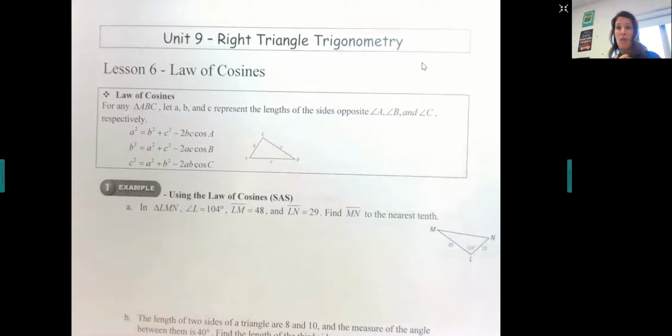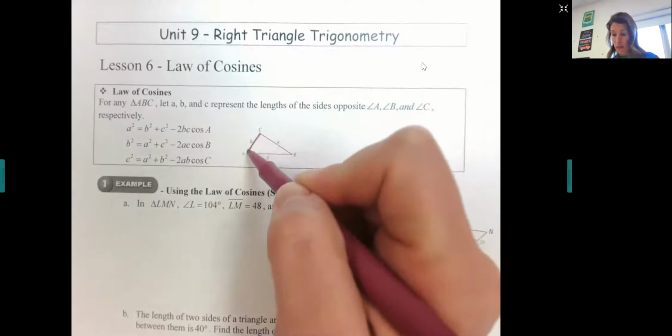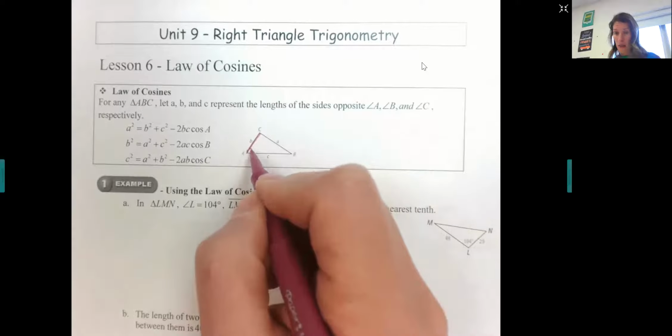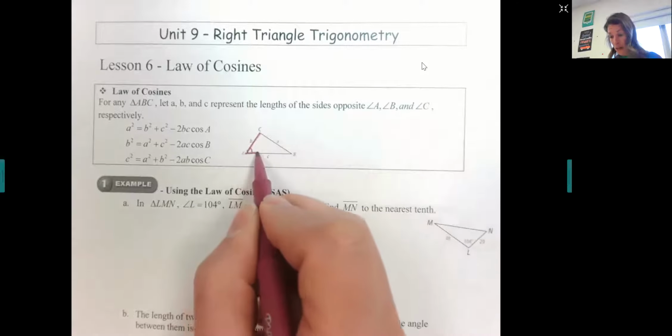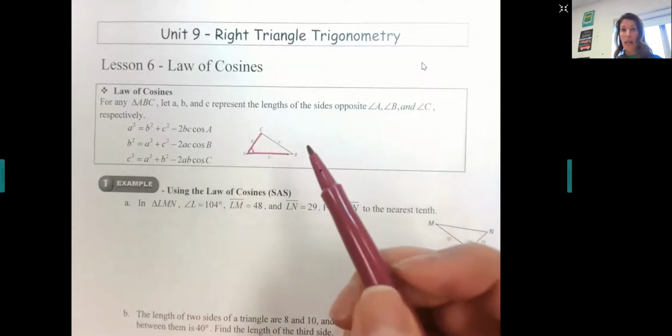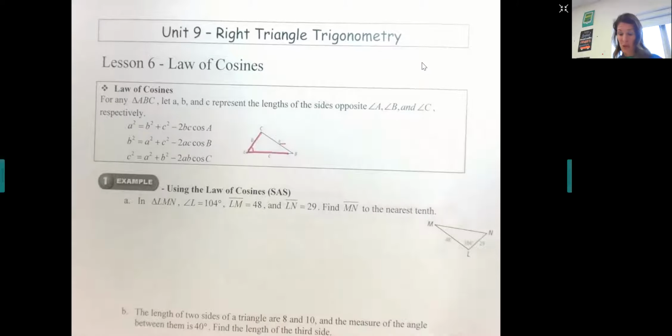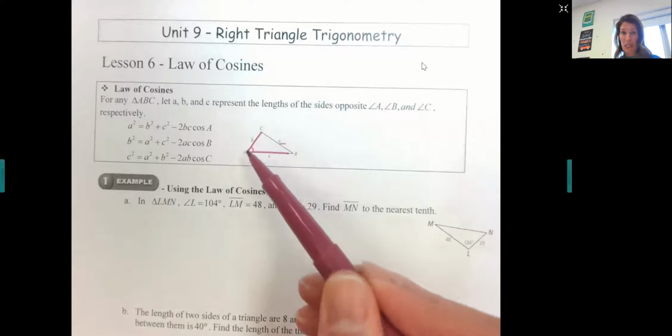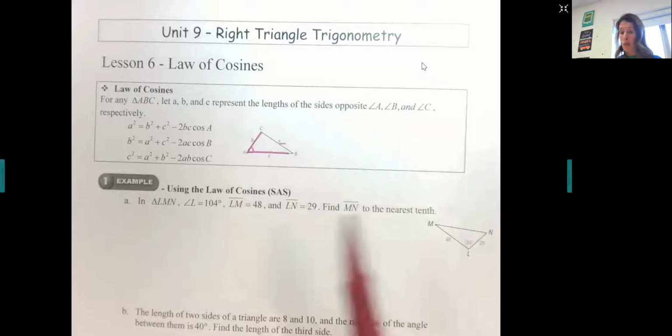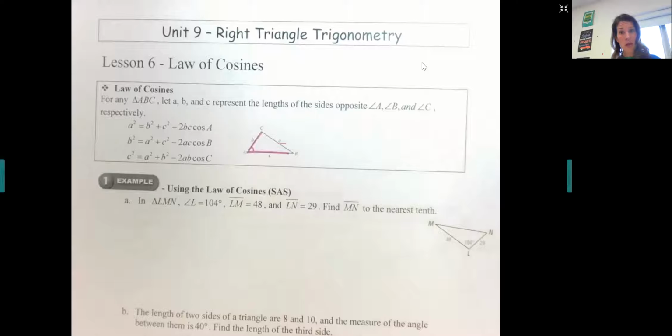In today's lesson, we are not given something where we can make some ratios. What we'll be given is a side, then an angle in between them, and then another side. If we're given that, then we're going to be able to solve for little a. Notice we've got little b and little c, big A. If we're given that, we'll be able to solve for the side across.